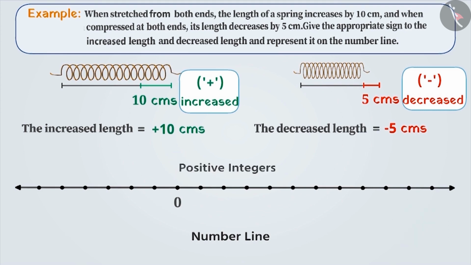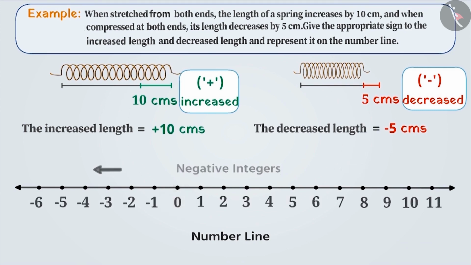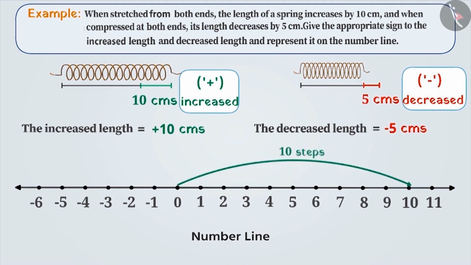All positive integers on the number line are expressed to the right of 0 and all negative integers to the left of 0. Since plus 10 is a positive integer, to express it, we will move 10 steps to the right of 0. Similarly, to express minus 5 on the number line, we will move 5 steps to the left of 0 and express minus 5.